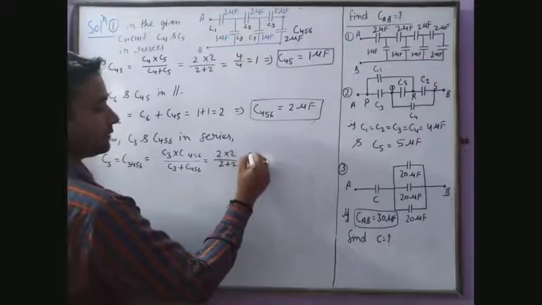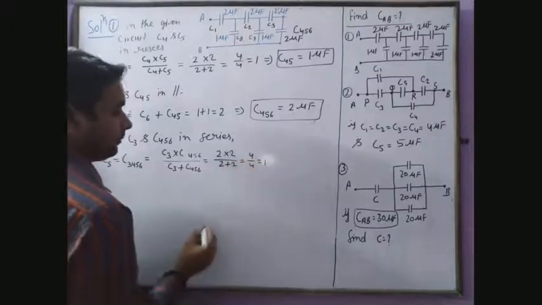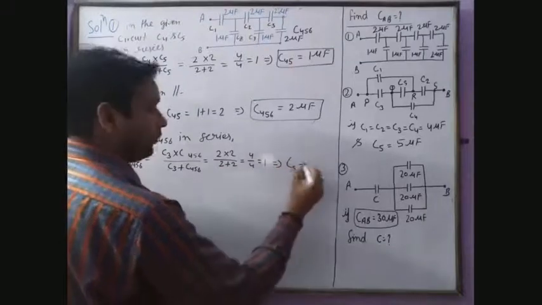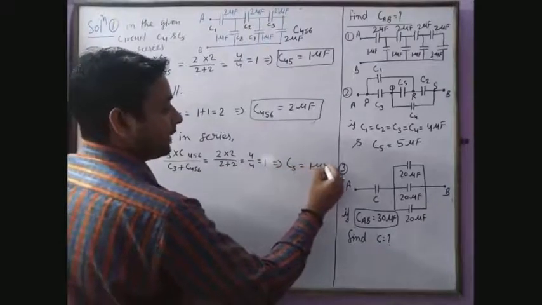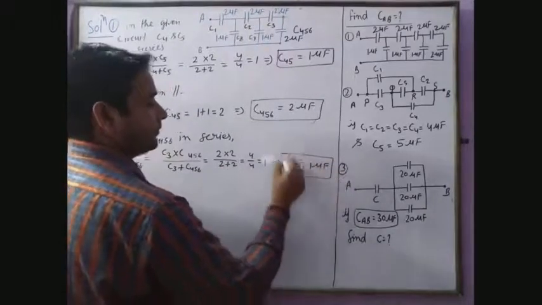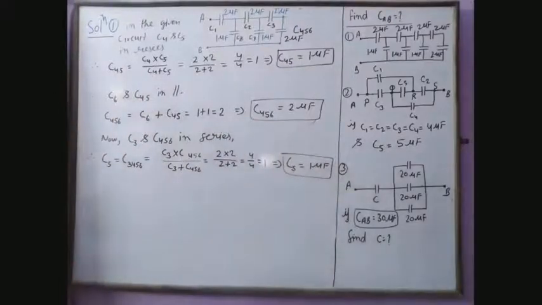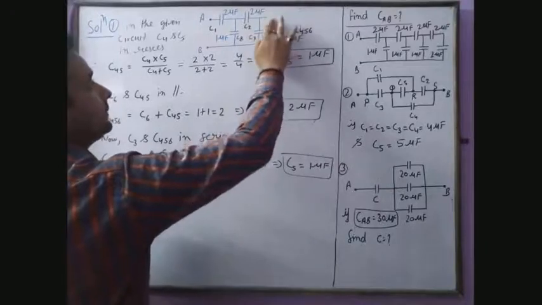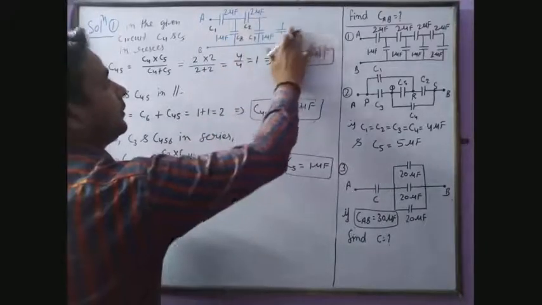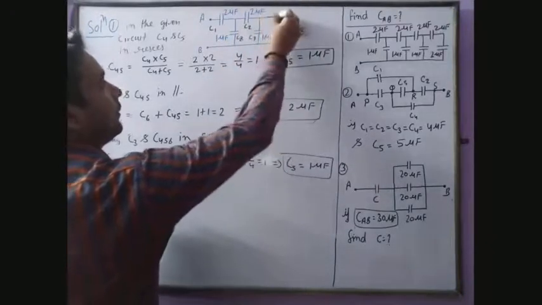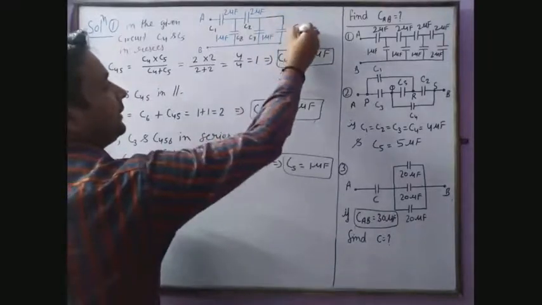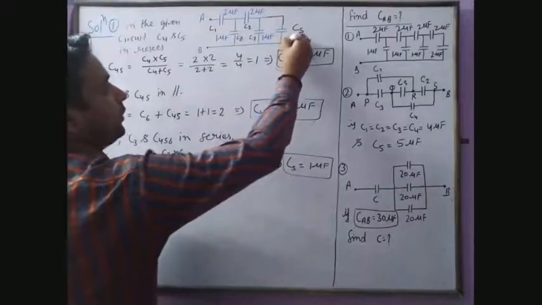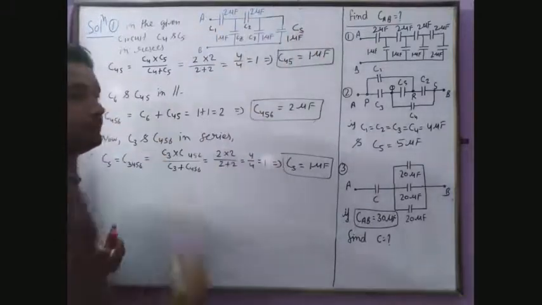On solving, 4 by 4 you will get 1, that is, CS is equal to 1 microfarad. Now this complete circuit is resolved like that, and here is CS, equal to 1 microfarad.